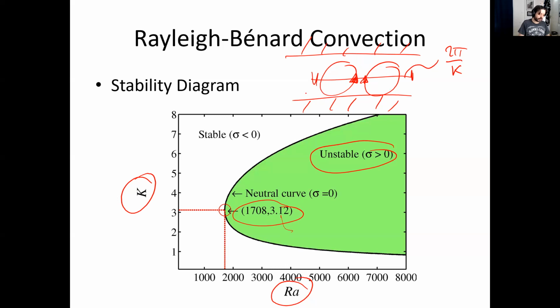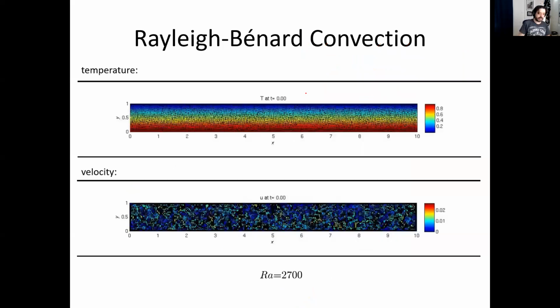But now the question is, what does our code do? Can we actually reproduce that? Here I have a few videos which we can go through one after the other to see whether we actually get the right result. First, what you can see here is that we have not a square cavity anymore, but we made it much longer than it is high.